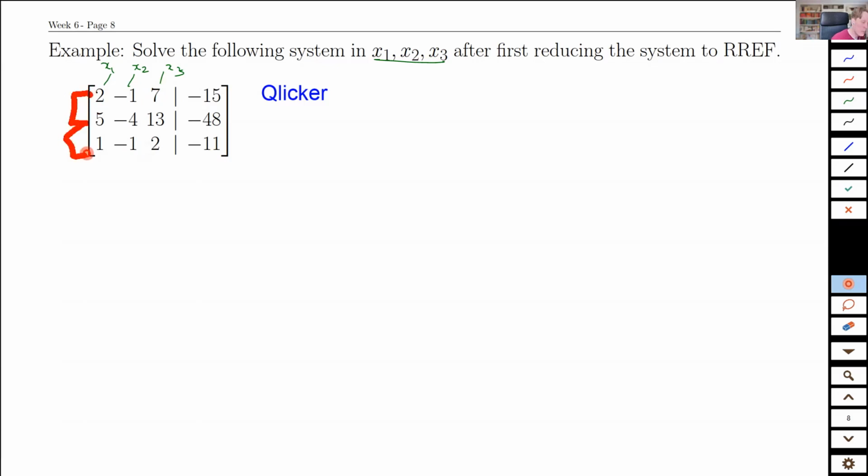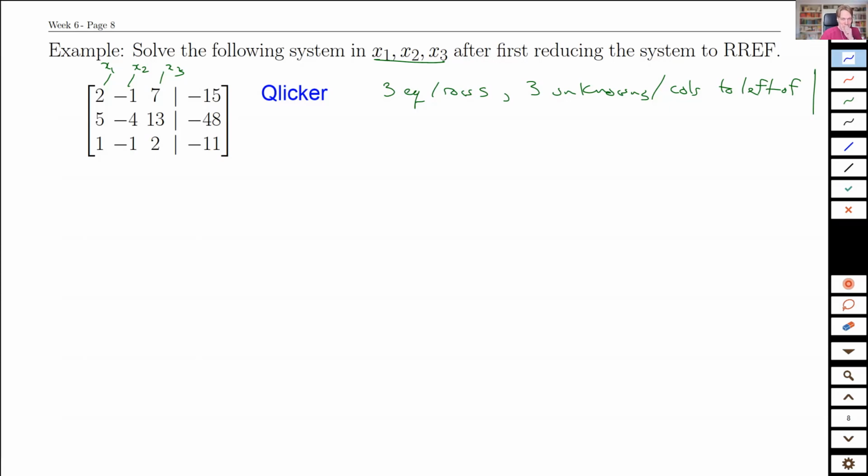And there are 3 rows, and each row represents 1 equation if we went back and wrote it out longhand. And so this is 3 equations, rows, and 3 unknowns, so 3 variables. And that's columns to the left of the vertical bar line. All righty.